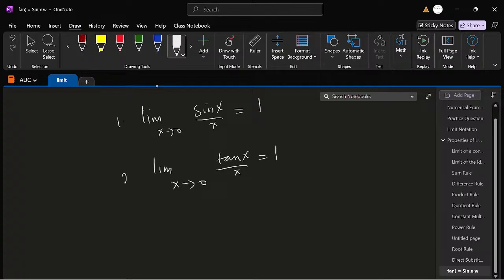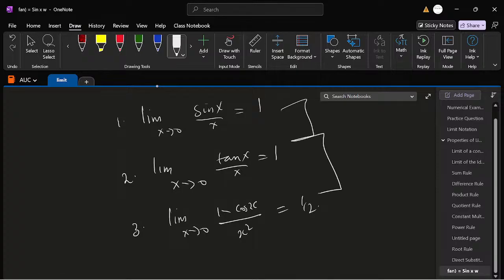And the third one is the limit as x approaches 0 of 1 minus cos x over x squared. It should be equal to a half. So these are the three properties under trigonometric functions you should take note of.